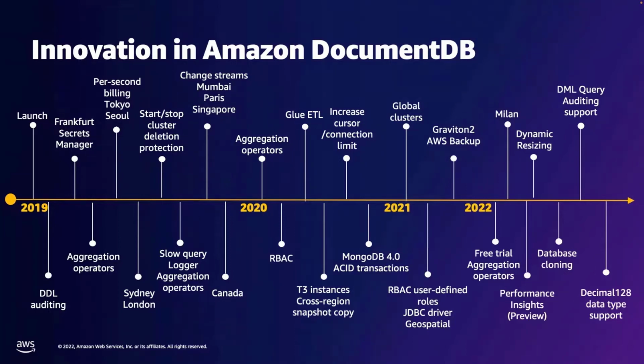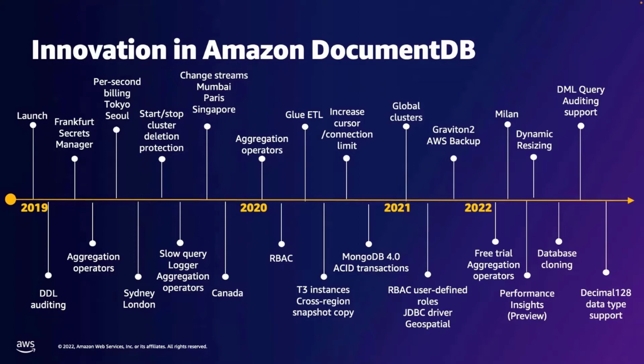We introduced global clusters that provide disaster recovery in the unusual event of a region-wide outage. Performance Insights allows you to quickly assess the load on your database and determine when and where to take an action. With database cloning, you can create clones to enable fast creation of new clusters that use the same DocumentDB cluster volume.